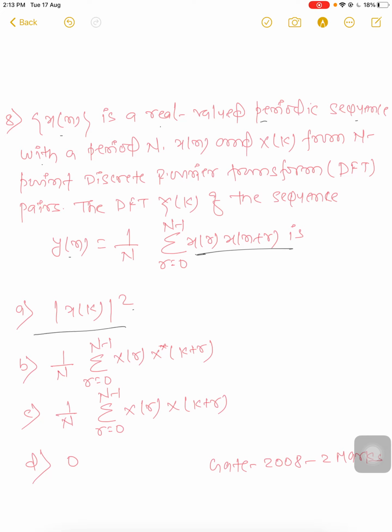Then it will be the mod of X[k] squared. Option A will be the right answer, because here we take the inverse Fourier transform and get the mod of X[k] squared from the property.